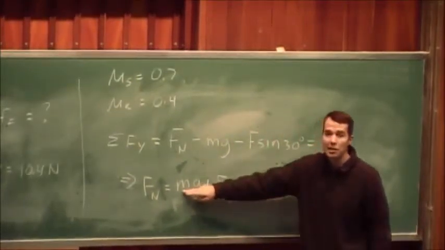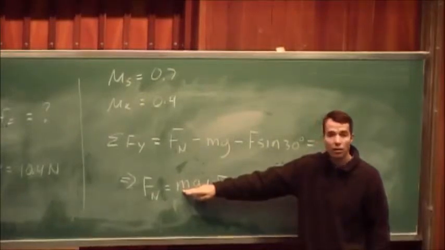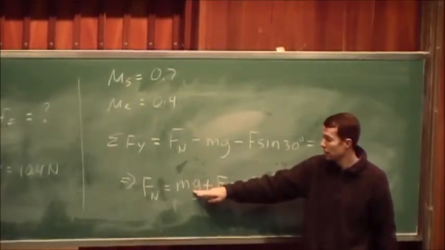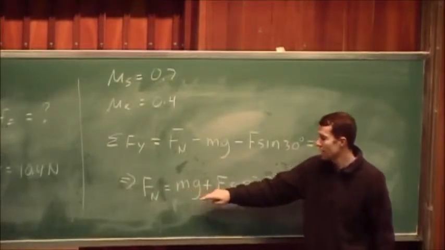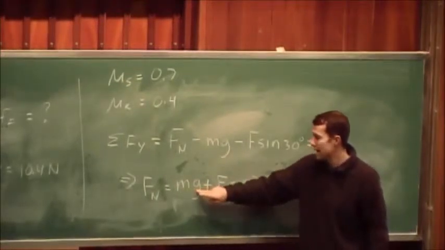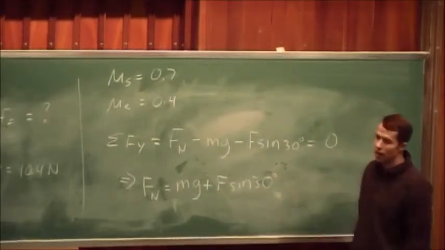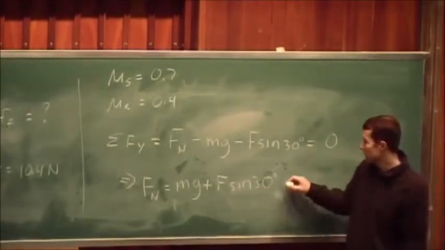Okay, so this is 8 kilograms times g, which we'll say roughly is 10. So we have 80 newtons plus F sine 30.